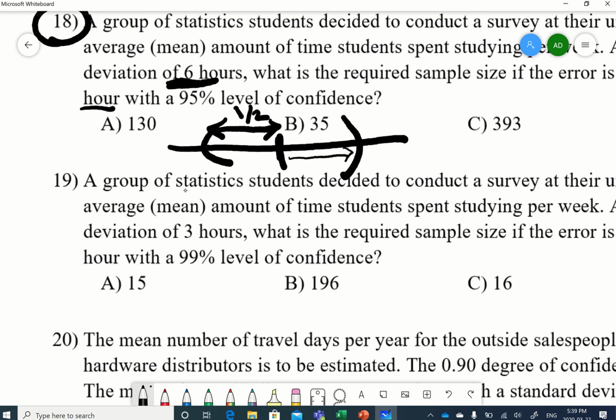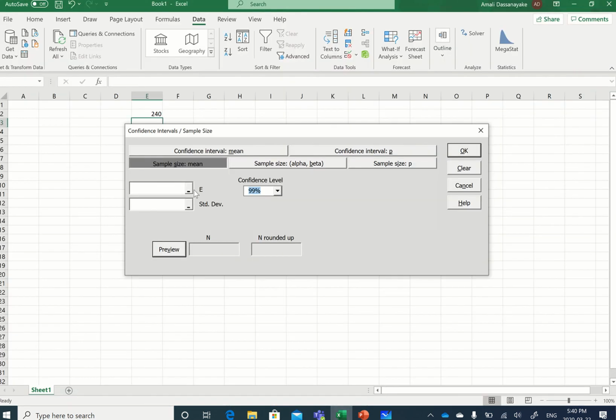So 1/2 width to the left of the point estimate, 1/2 width to the right of the point estimate. So E is 0.5. Standard deviation is 6, 95% level. So I'm willing to tolerate margin of error 0.5, standard deviation is 6, and I want 95%.